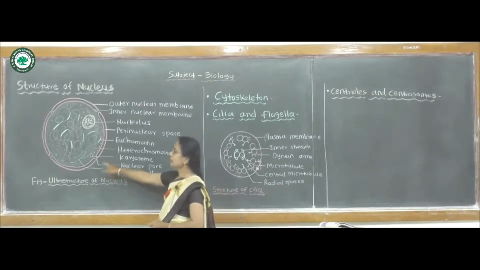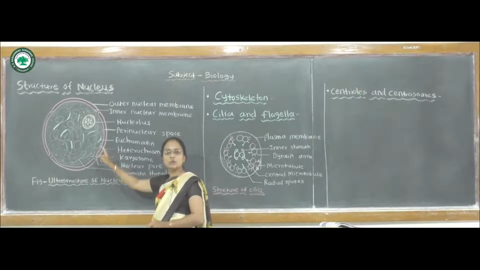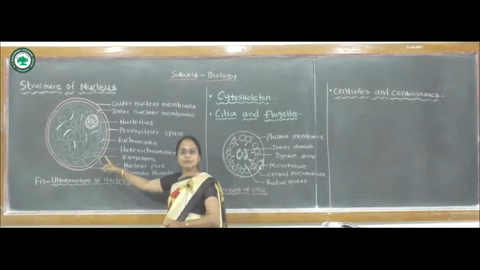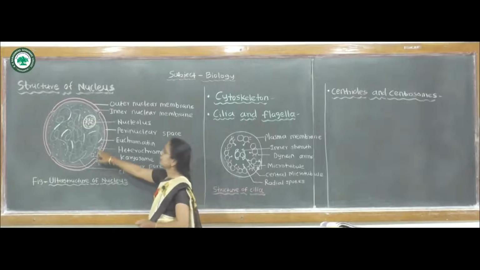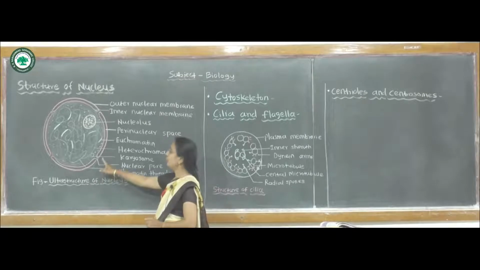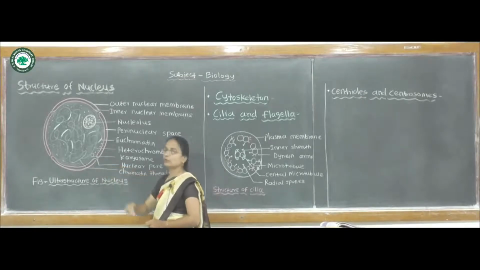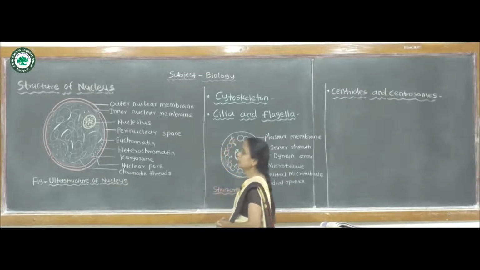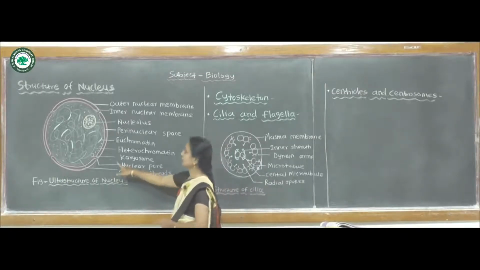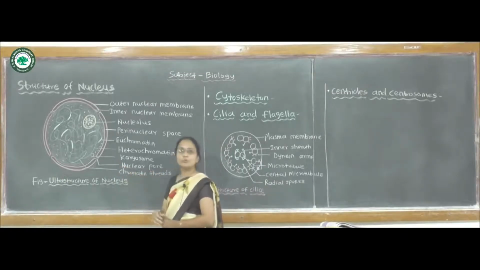This perinuclear space is not empty; it is filled with fluid. The nuclear membrane is not continuous; pores are present, meaning the membrane shows openings, and these openings are called nuclear pores.